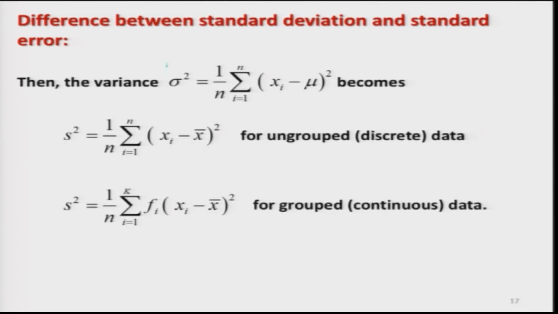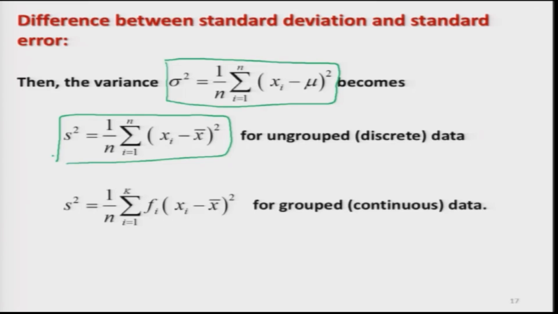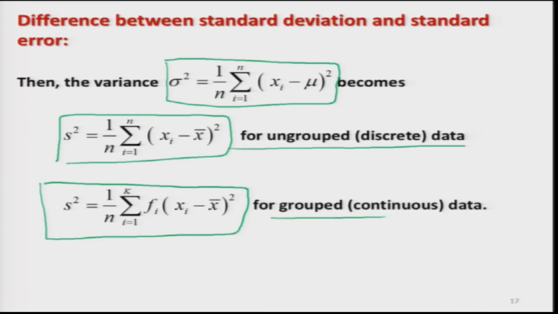And if you see more specifically, the population variance was defined like this, and now this becomes s square equal to 1 upon n summation i goes from 1 to n xi minus x bar whole square for the case when we have ungrouped data, and 1 upon n summation fi xi minus x bar whole square in case we have grouped data. So, this is basically the definition of sample variance, and in common language we usually do not call it sample again and again, but we simply say find the variance of the set of given data.